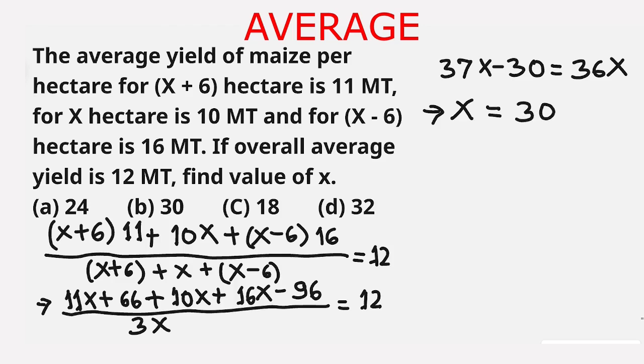So the value of x is 30, and from the given options our answer is option B, 30. I hope you have understood the method of solving such type of questions.